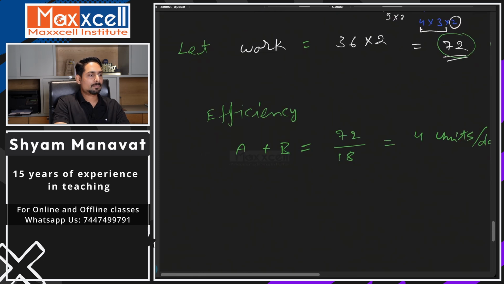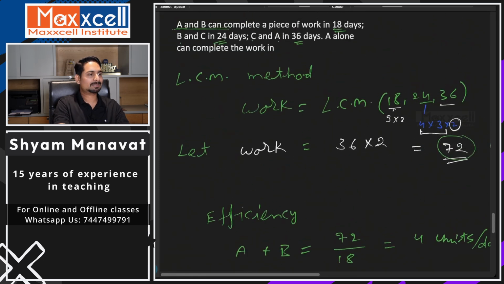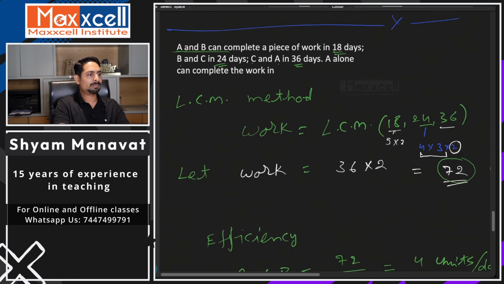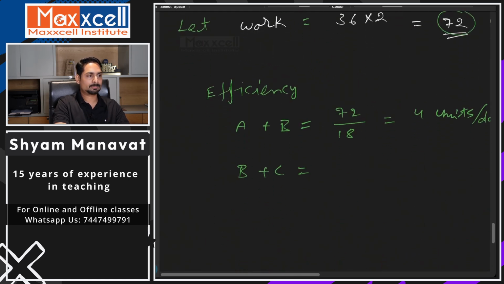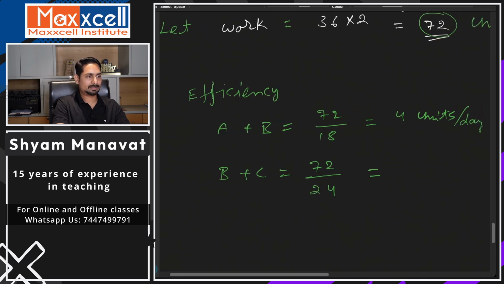Next is B plus C. Here I have B plus C who take 24 days. All right. So B and C's efficiency will be work upon time, right? So this will cancel 3 times. So you will have 3 units per day.